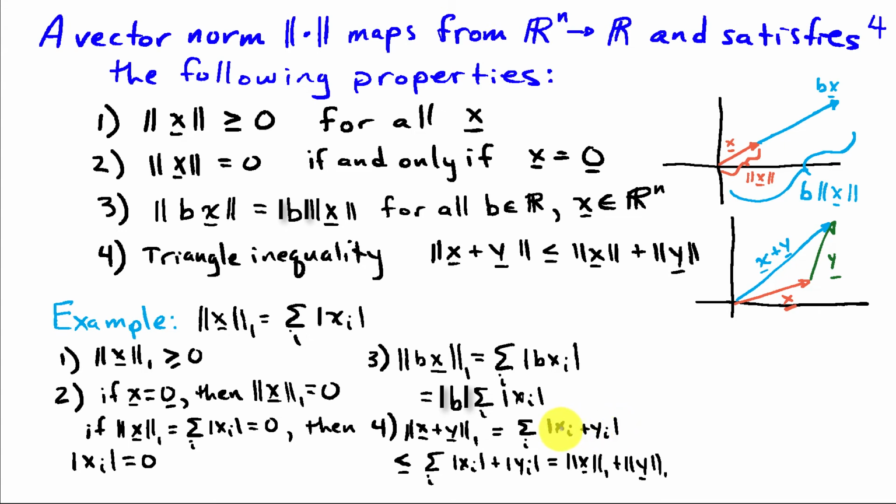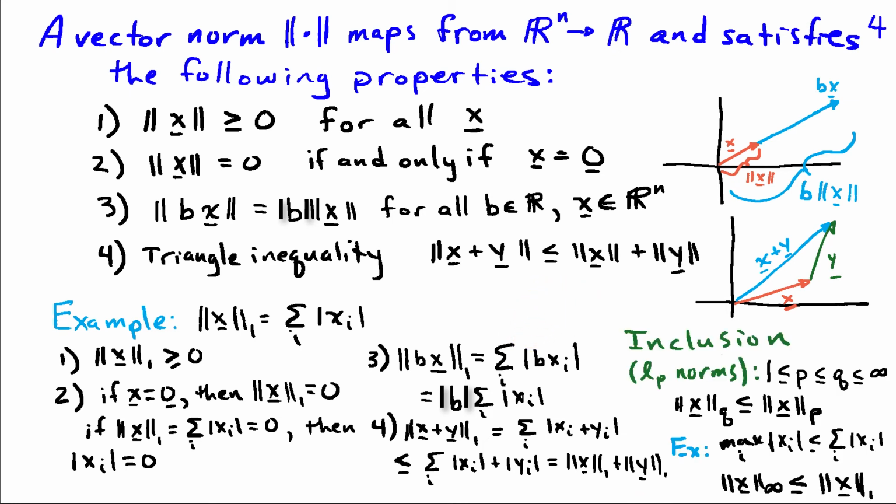There's equality when both numbers are positive or negative, and there's inequality when one of the numbers is negative and the other is positive. So I can rewrite this as being bounded by the sum of the absolute value of x_i plus the absolute value of y_i, and this is just the 1 norm of x plus the 1 norm of y. So we've shown that the triangle inequality also applies.